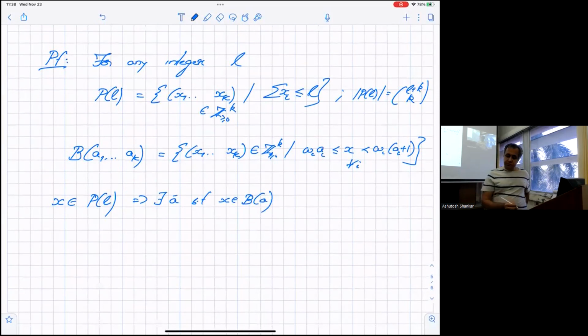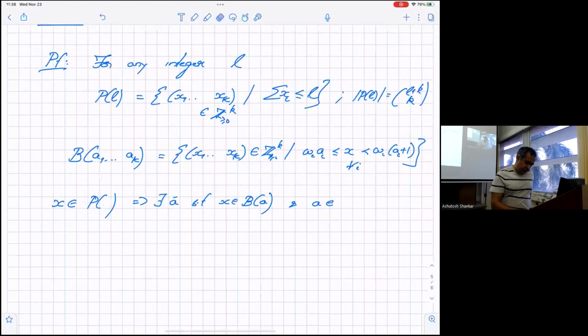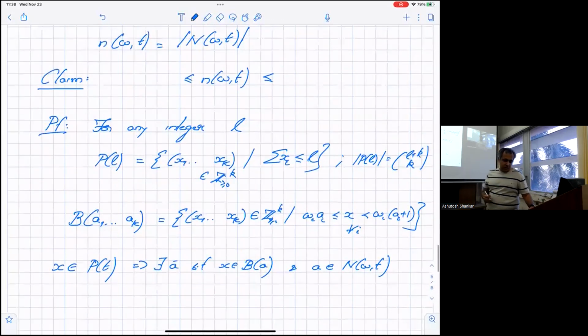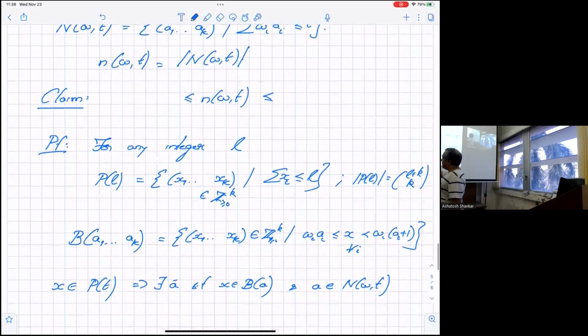But furthermore, that a will lie in N_{W,T}. Take a point in P_T. It is going to lie in some box. Now the defining point of that box, the bottom leftmost point, has all values less than Wi ai. Therefore summation xi is less than T, and therefore summation Wi ai is also less than T.